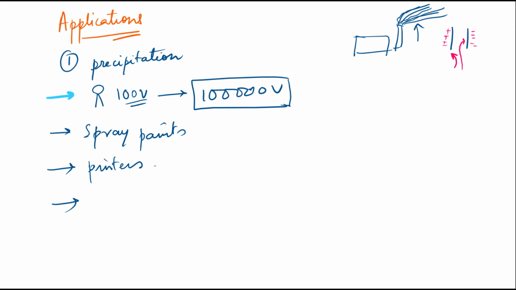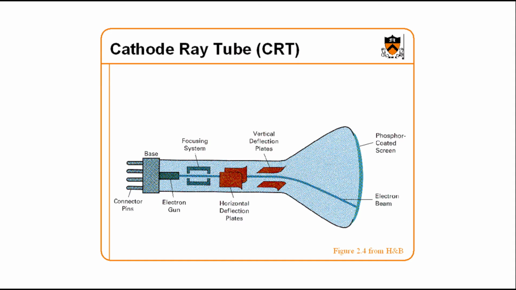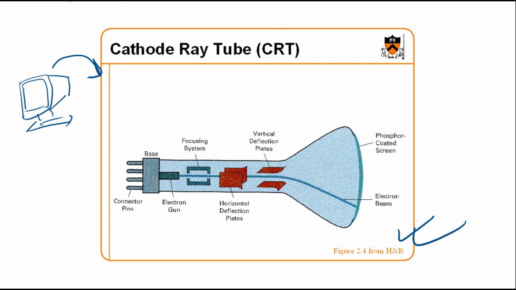Okay, so the fourth application is in printers, and the next application I want to talk about is the cathode ray tube and similar applications. You don't have to understand this complicated diagram, but just remember that in old TVs you must have seen it looks very bulky, right? Something like this. This is known as a cathode ray tube.